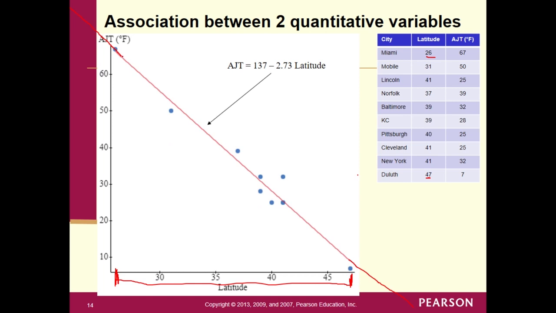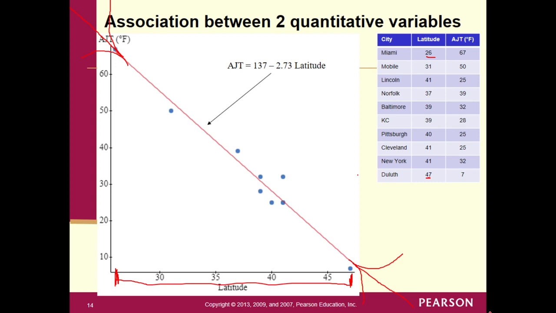We don't know if this line is going to curve up, or curve down, or curve this way or that way. It could keep on going straight, but we don't know. So extrapolation is just taking this line and extending it out straight, but we don't know what happens outside of our data.